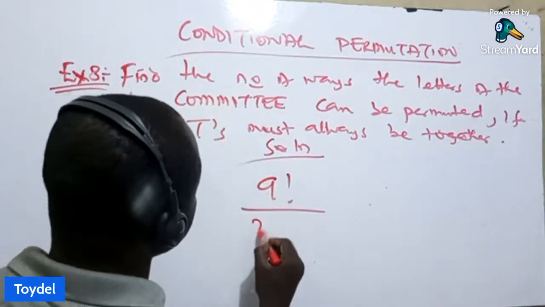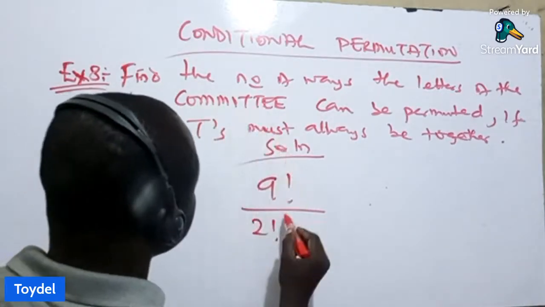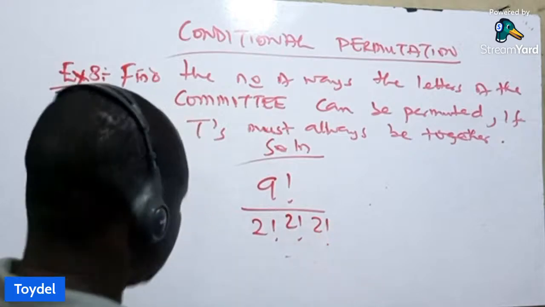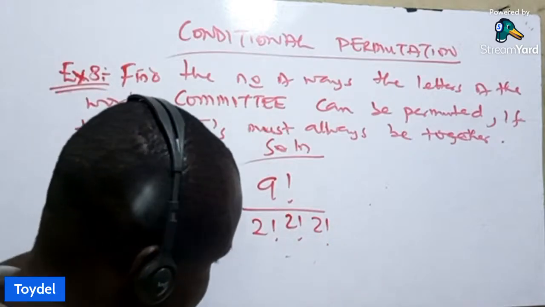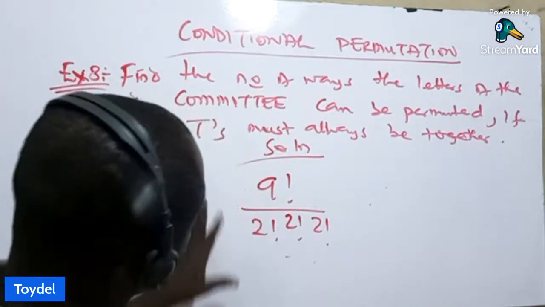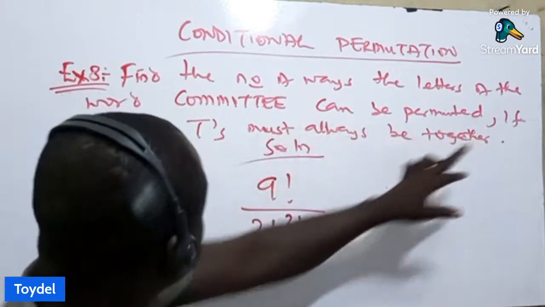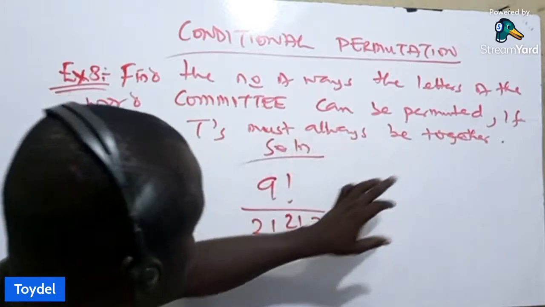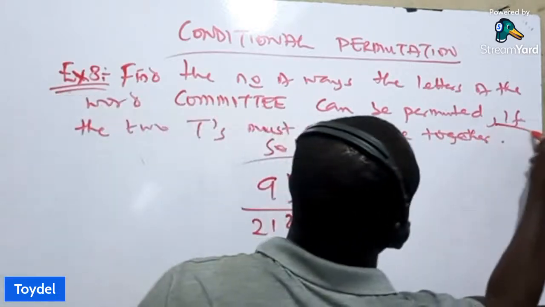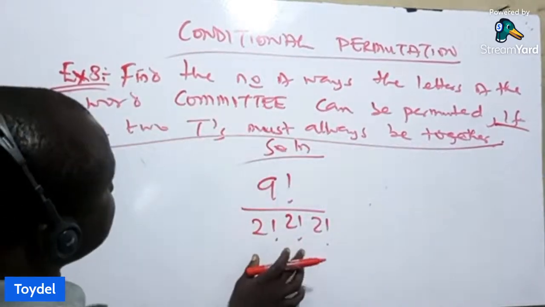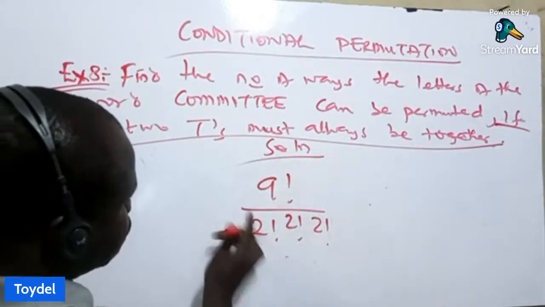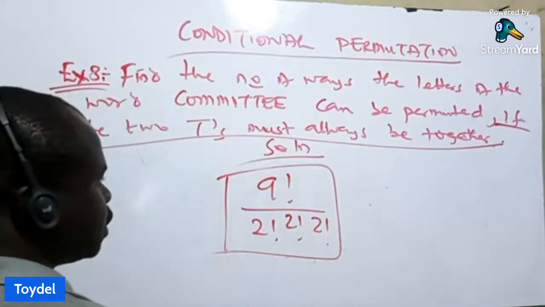There are 2 M's there, so 2 factorial. We have 2 T's, 2 factorial, then 2 factorial. Normally, without the restriction that the 2 T's must be together, the number of ways that we can arrange the letters of the word will be this. This is the actual answer.